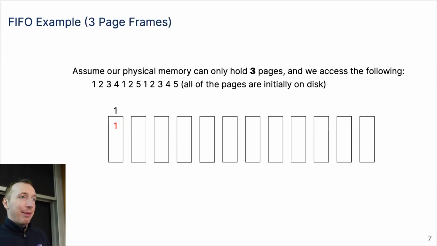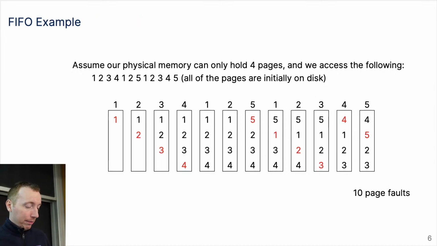Now let's see something fun. So let's do the same example. So here we hold 4 pages. If our memory held 5 pages, we would be pretty much okay. We would have 5 page faults, and then everything else would fit essentially, right?